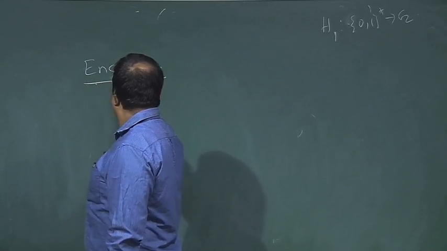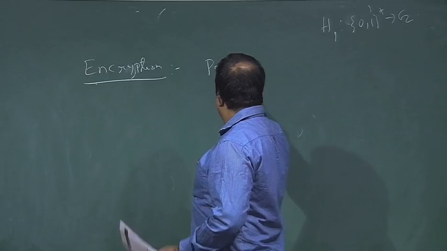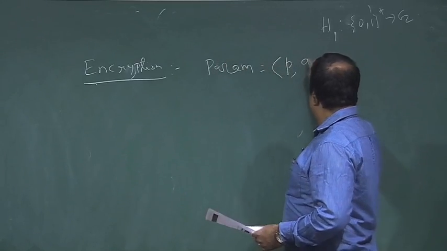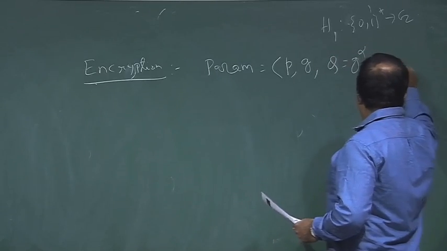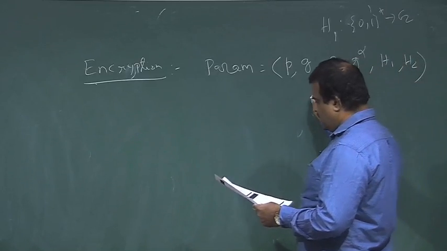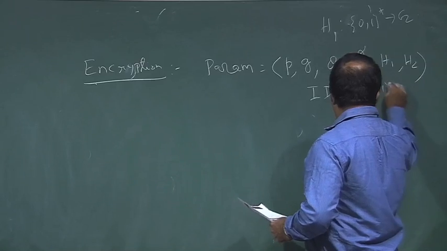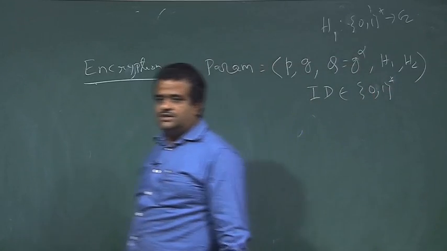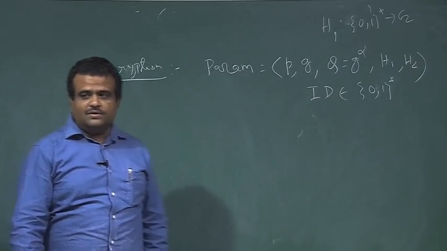Just recall, the public parameter is basically P, G, Q, which is G to the power alpha, H1, H2, and we have the ID, which is the public key of the user. The secret key of the user we got from the key generation center.